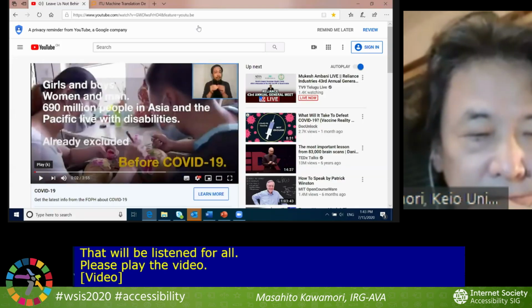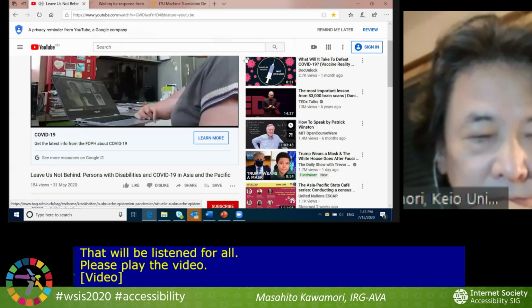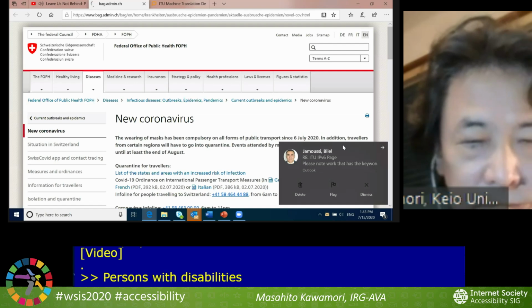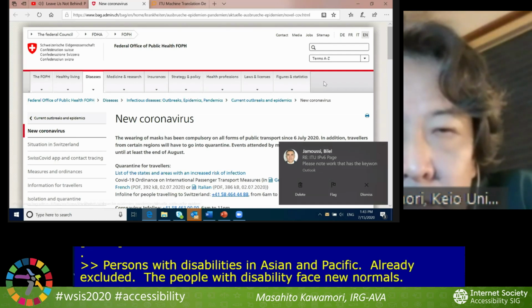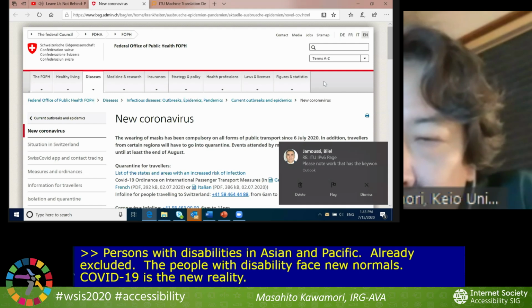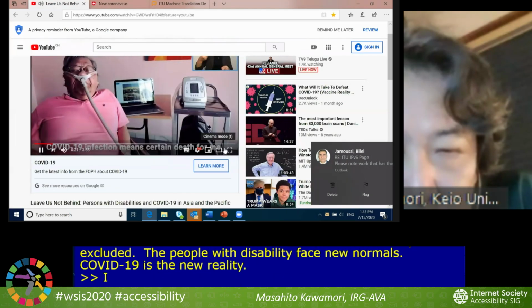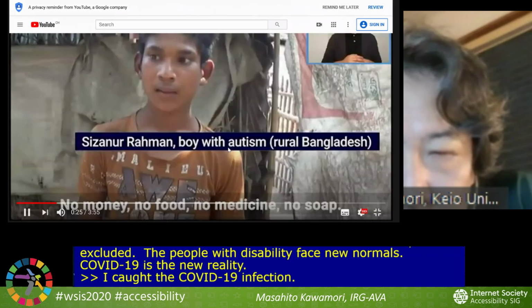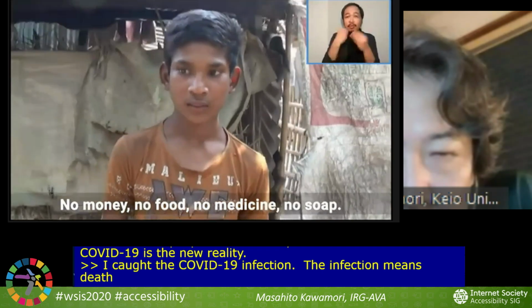Persons with disabilities in Asia Pacific, already excluded before COVID-19. The disability community faces new normals. COVID-19 is our new reality. I can't afford to get infected. COVID-19 infection means certain death for me. No money, no food, no medicine, no soap.